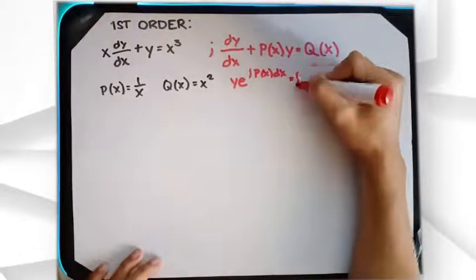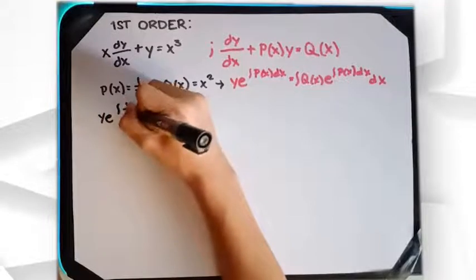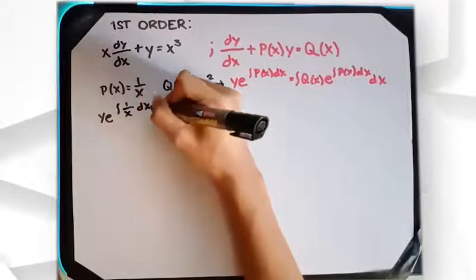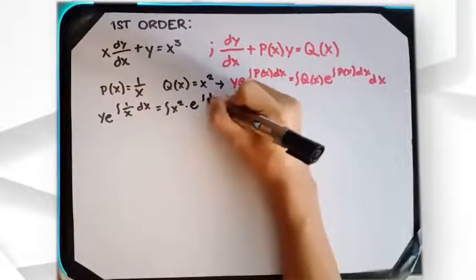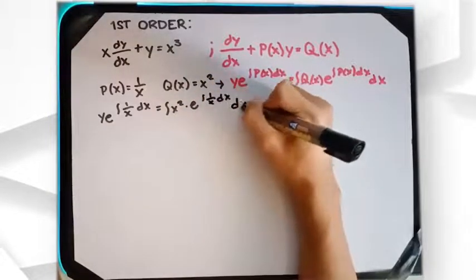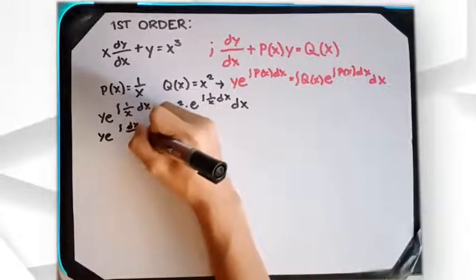Now that we have the values of P(x) and Q(x), we can use the formula on the right from a while ago. So now, what we will do is copy the formula and replace P(x) and Q(x) with the values that we got, with P(x) being 1 over x and Q(x) being x squared. Now, we can simply continue to evaluate this.